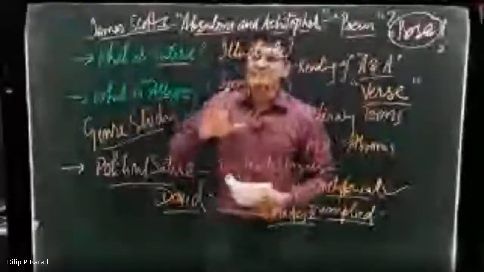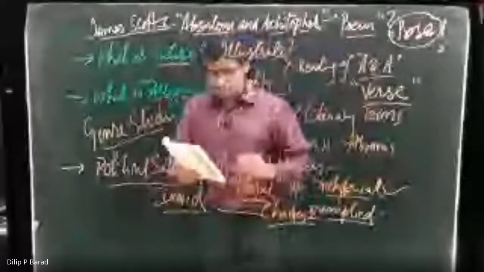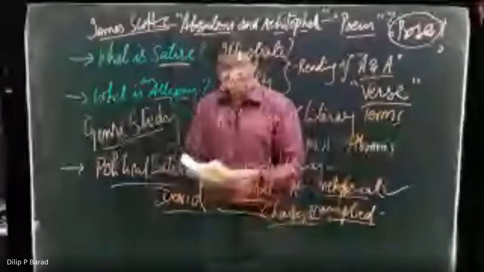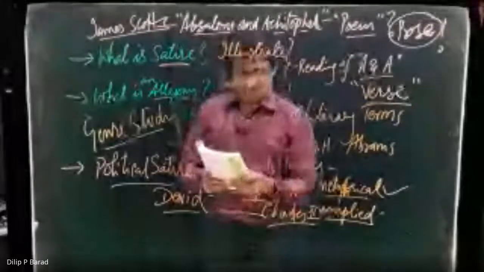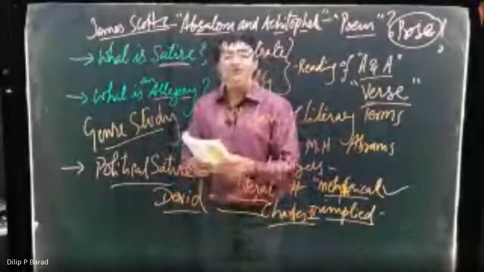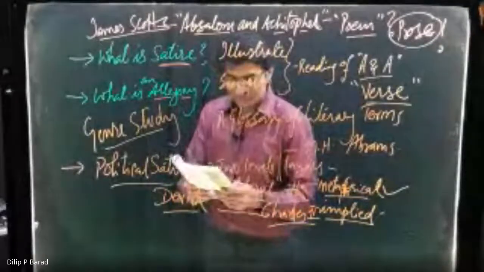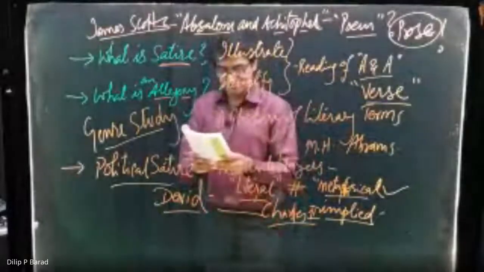And for this, the best example is Absalom and Achitophel. That is what even M.H. Abrams refers to here. So in John Dryden's Absalom and Achitophel, published in 1681, the biblical King David represents Charles II of England. Absalom represents his natural son, the Duke of Monmouth, natural but illegitimate, and the biblical story of Absalom's rebellion against his father.